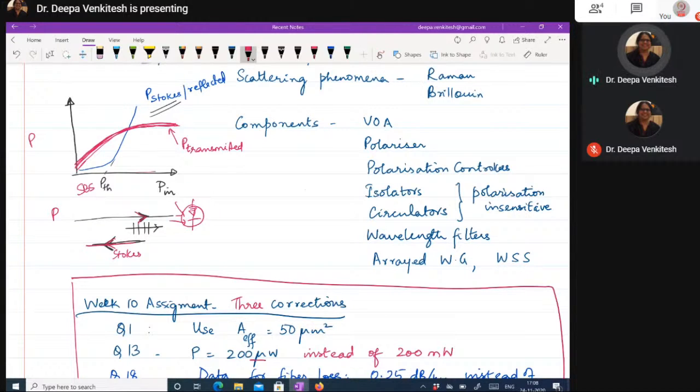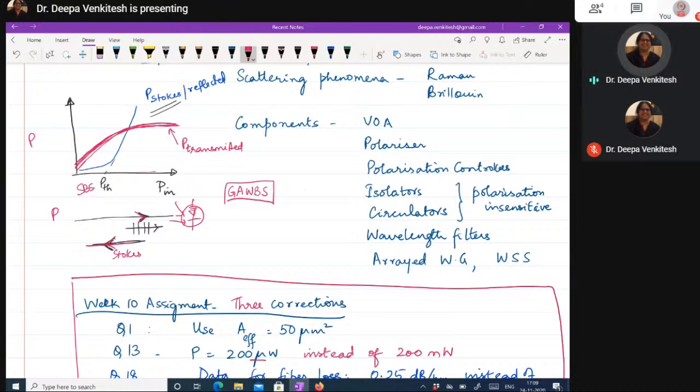Now there could be radial acoustic modes or flexural acoustic modes, which would result in forward scattering, and in advanced coherent communication, one of the fundamental sources of noise is this GAWBS, which is not really a topic for this course, but if you're interested, you can read up on this. This is guided wave acoustic Brillouin scattering.